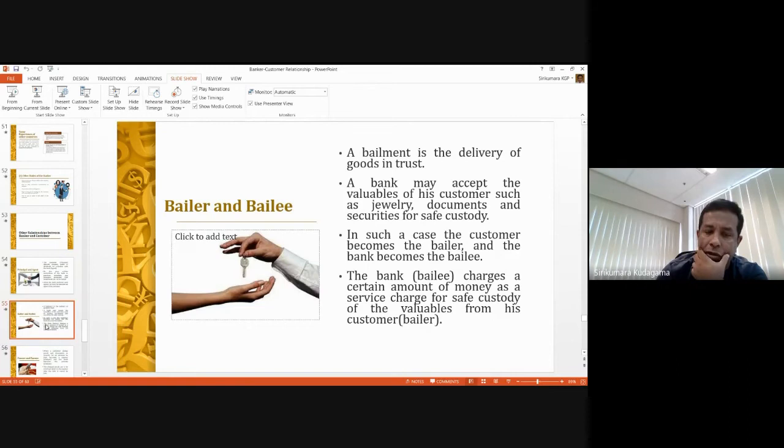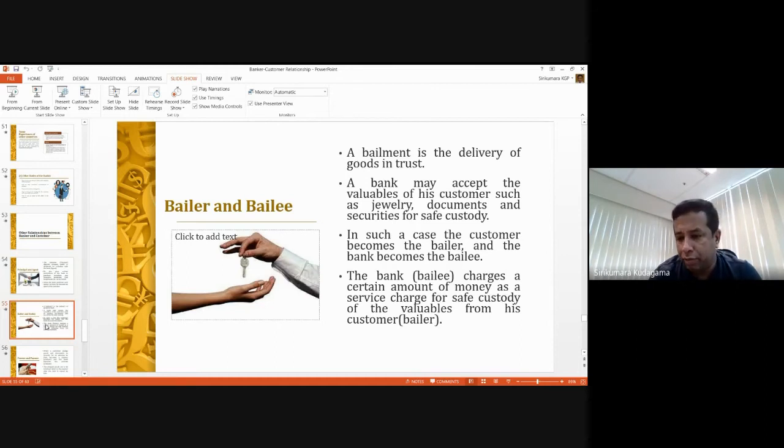Bailor and bailee. As I mentioned earlier last week, there can be certain valuables kept with the bank. In those circumstances, things don't get commingled. Those things cannot get mixed up. They must be kept intact for the purpose of giving them back to the customer.